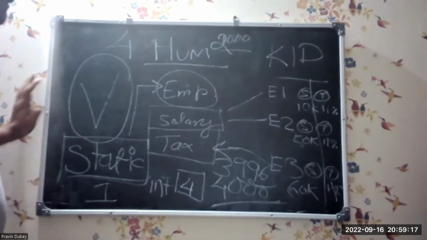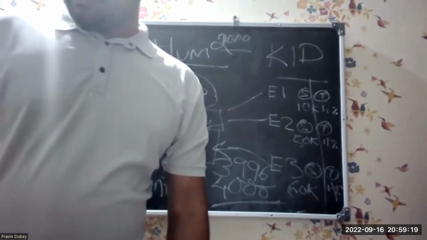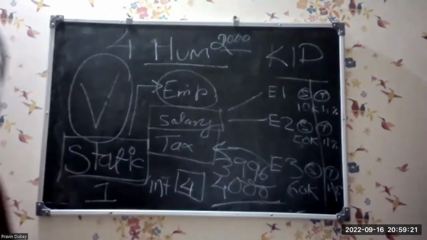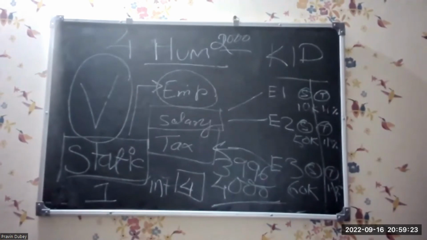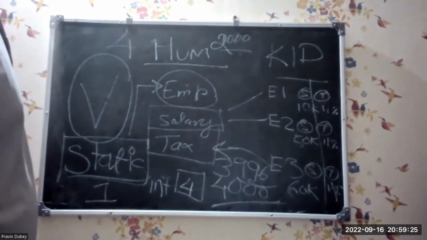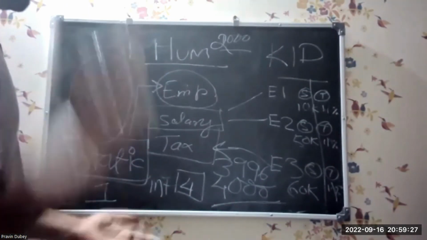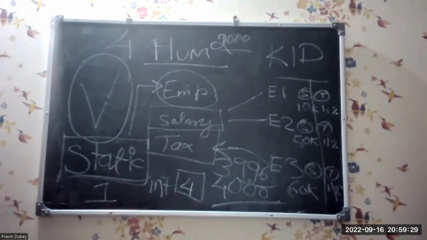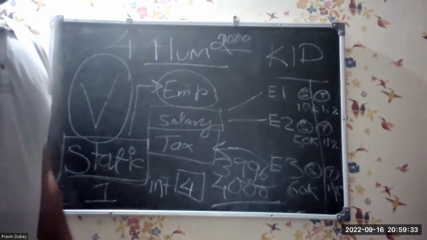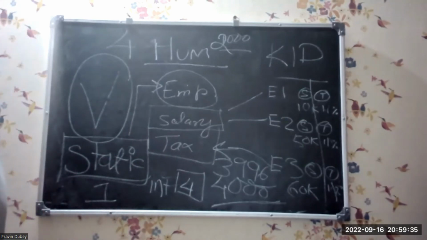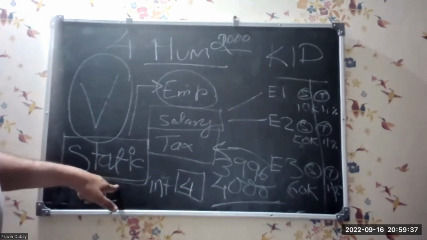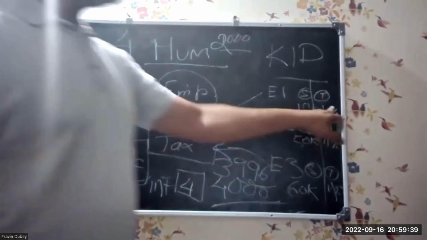Yes, Praveen. I want to ask a question. We can use static only for text purposes, right? No, it's not like that. You can create static for anything. In this example, we are storing a number.